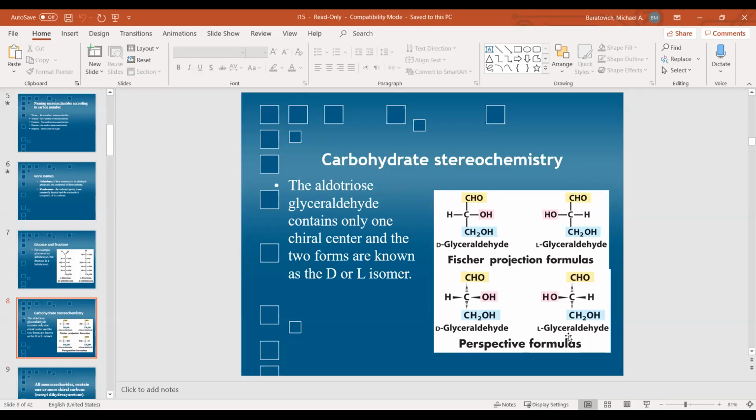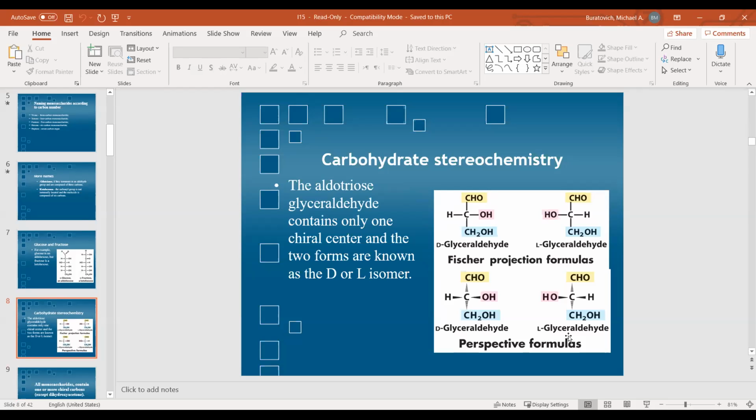The stereochemistry of these things is a little bit weird. What you do is you take the atom of the molecule and you compare it to glyceraldehyde. If it looks like D glyceraldehyde, it's a D sugar.